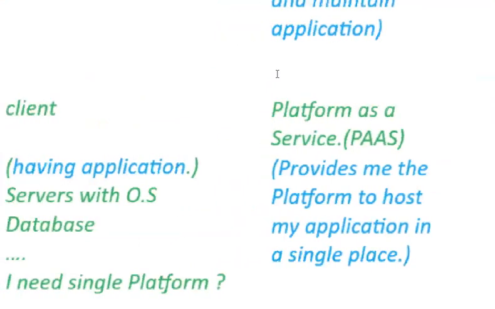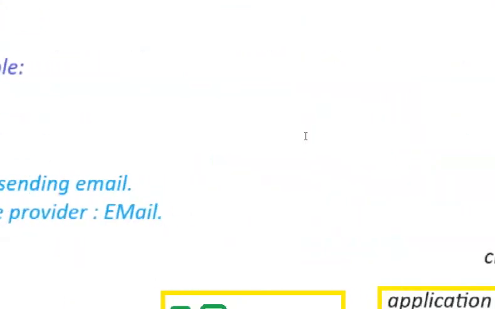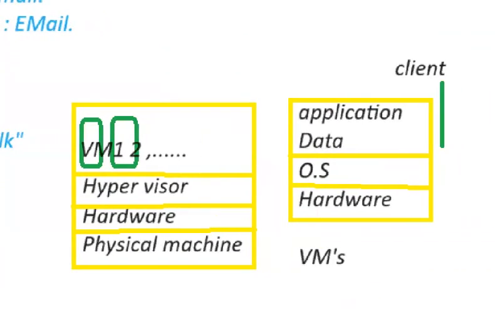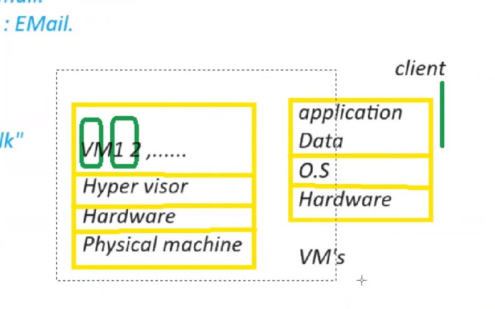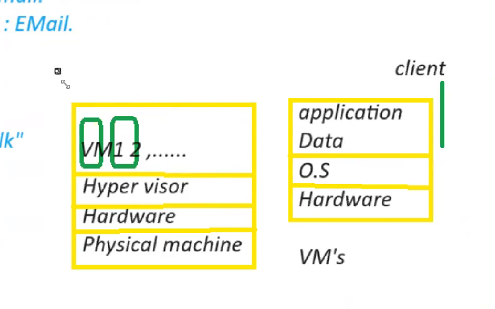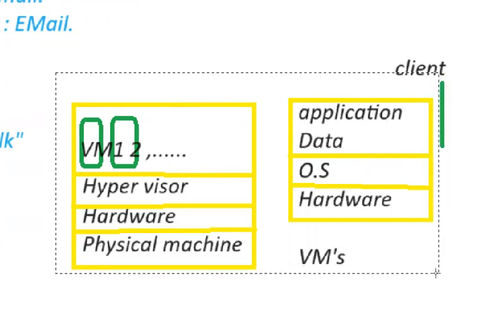Sir, can we analyze this in the software as a service model as well? Can we see the client's responsibility in the software as a service model? In software as a service, the client is responsible for nothing.